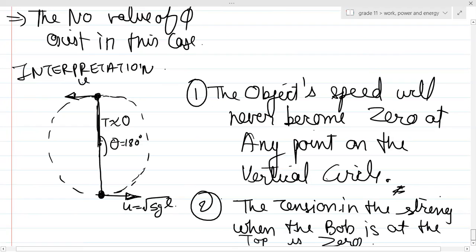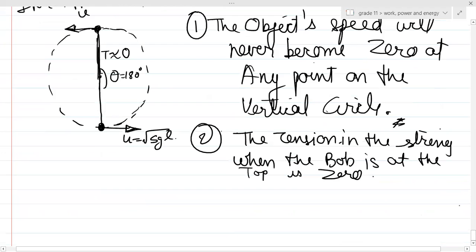Even though the tension is 0, this is still moving, right? Yes or no? Even though the tension is becoming 0 at the top, this object is moving with certain velocity, right? So will it stop over here? Hello? Will it stop at the top?